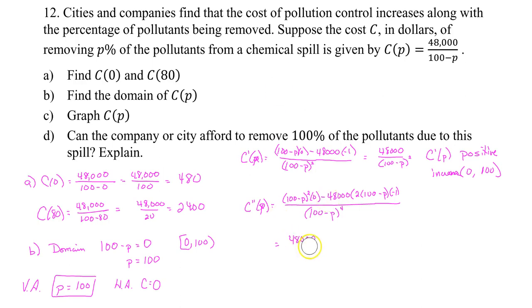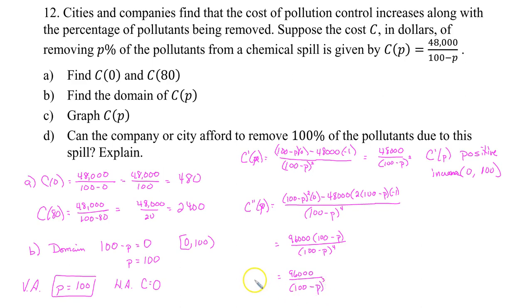Let's go ahead and multiply 48,000 by 2, and so that's going to be positive 96,000, and then 100 minus P over this denominator, and we are going to be able to simplify that to let our second derivative be 96,000 over 100 minus P to the third power.